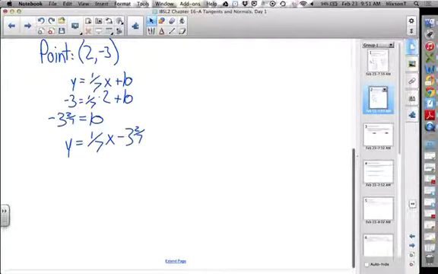Okay. Now, if we have the equation of the object, remember we talked about the angle of incidence and angle of reflection.